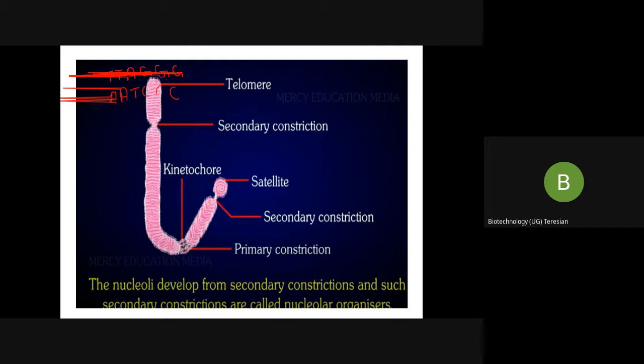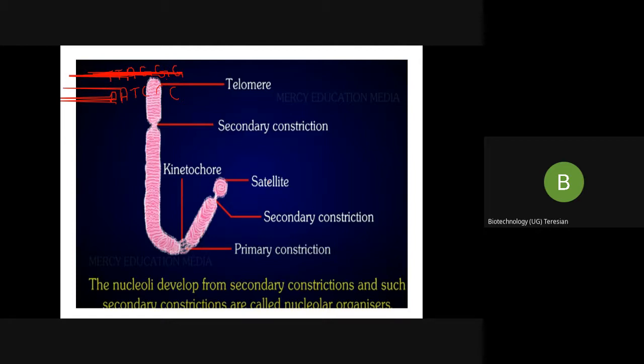Centromere is present and we have the inner plate, outer plate, and the spindle fiber, and that region is known as the kinetochore, and this is known as the primary construction, and here we have the secondary construction. And sometimes we develop secondary constructions which are called the nuclear organizer, that is the satellite chromosomes.